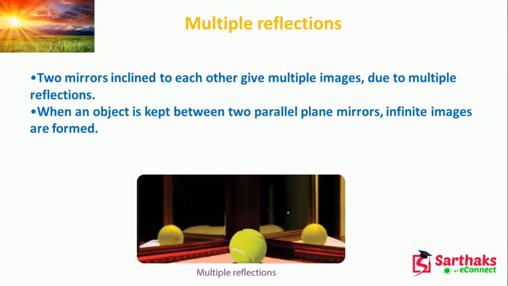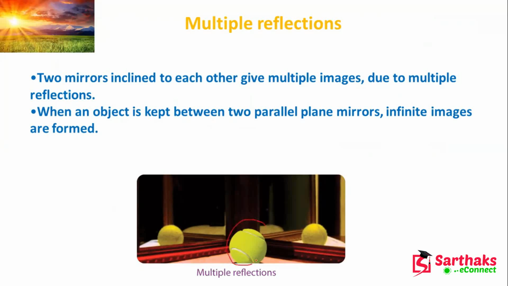Now the multiple reflections. Two mirrors inclined to each other give multiple images due to multiple reflections. This has been used in many movies, and you can see it if you go to Science City or similar places.